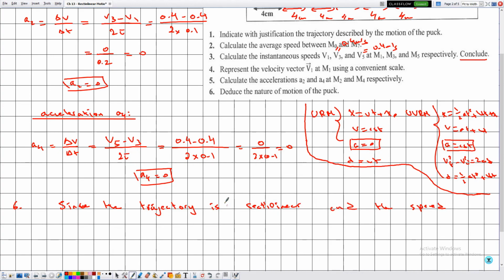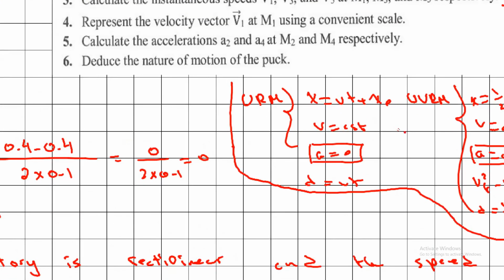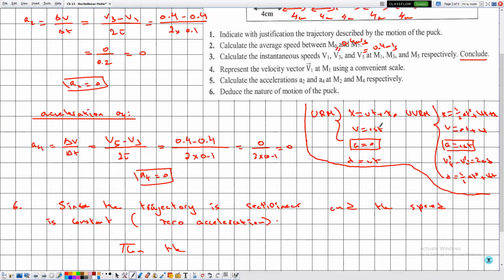Because we have proved this in part 3. And between the brackets, 0 acceleration. Then in this case, the type of motion: 0 acceleration means that the type of motion is URM.